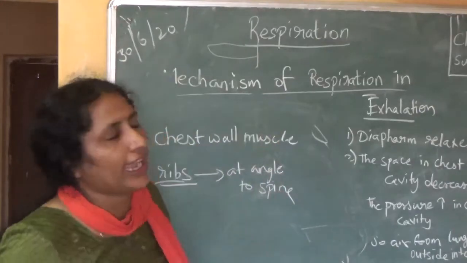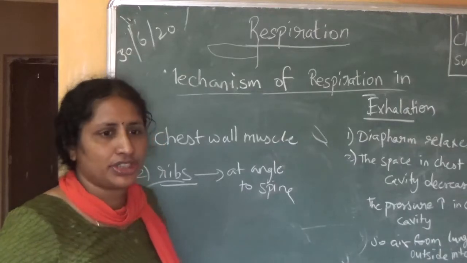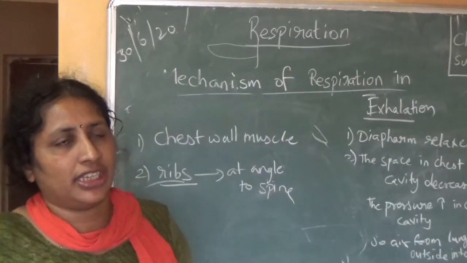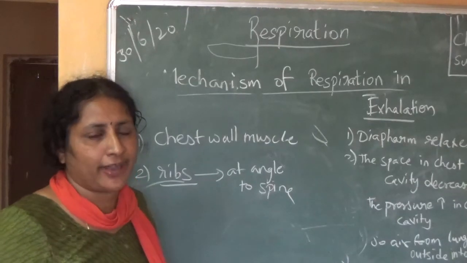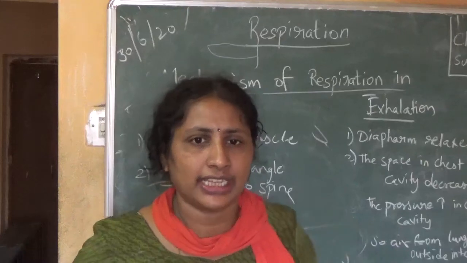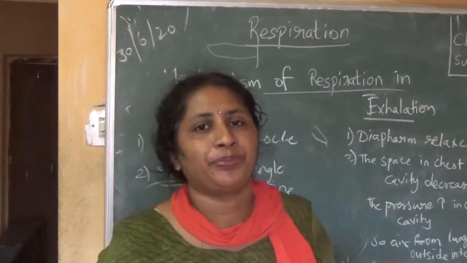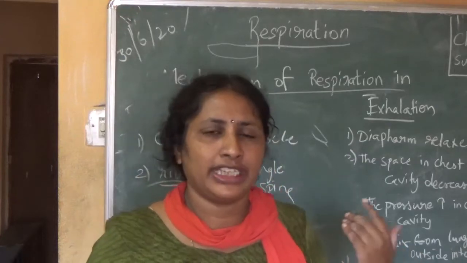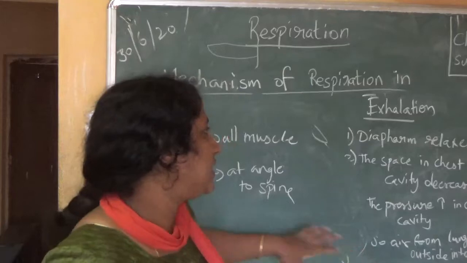So that is the mechanism of respiration. While answering a question on the mechanism of respiration, you need to first write about the main important part, the diaphragm. The diaphragm is the dome-shaped flattened muscle present below the lungs. It is contracting during inhalation and relaxing during exhalation.